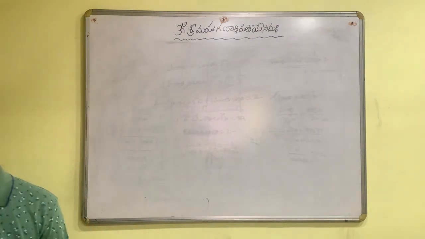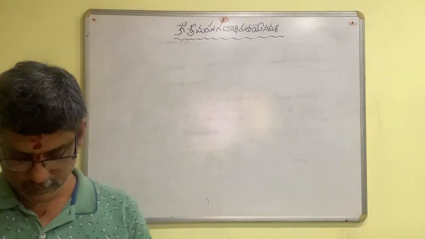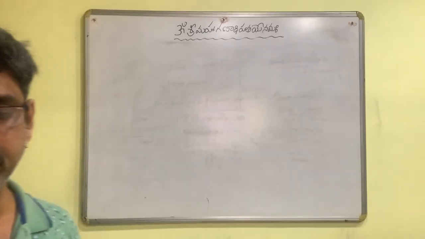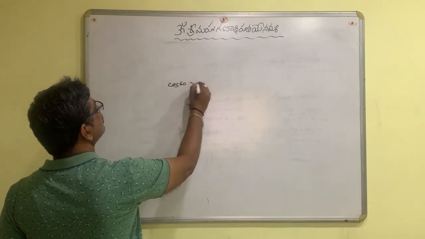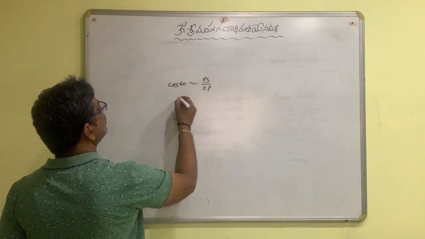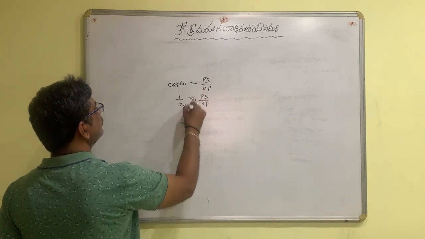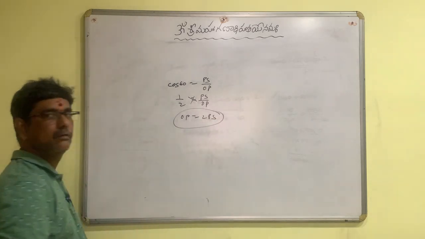Side adjacent to 60 degrees by hypotenuse is cos 60. Cos 60 is equal to PS by OP. We know cos 60 is 1 by 2. If we cross multiply, OP is 2PS. That's all.